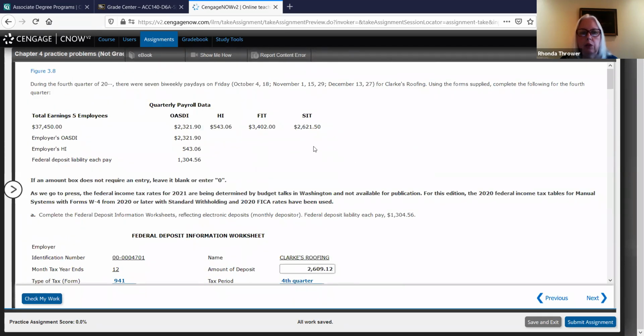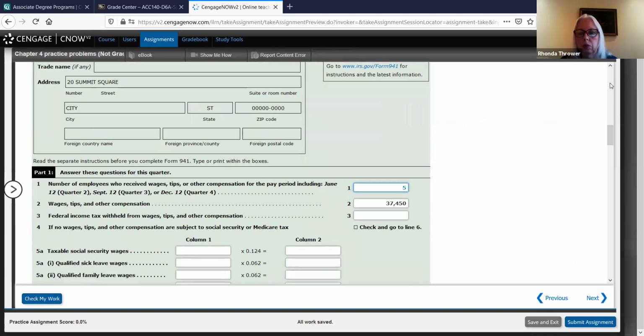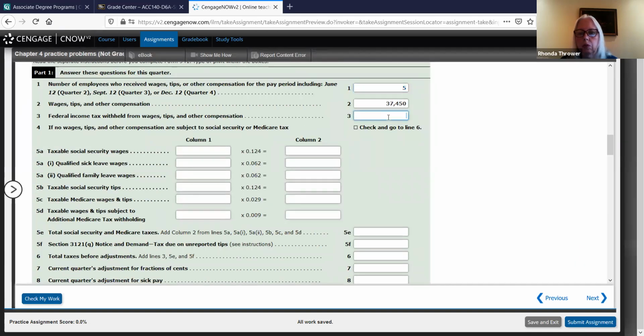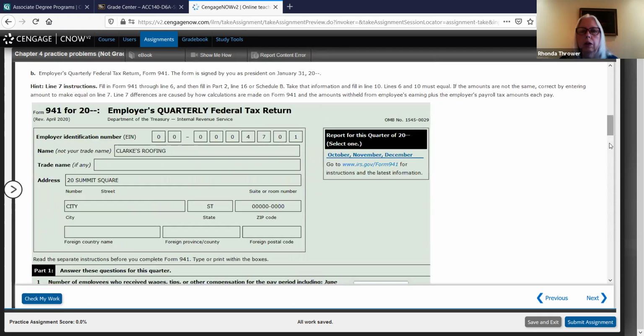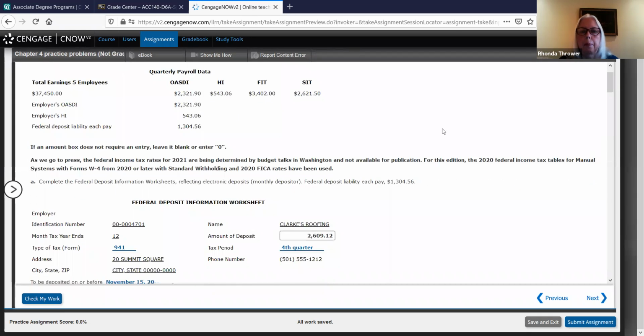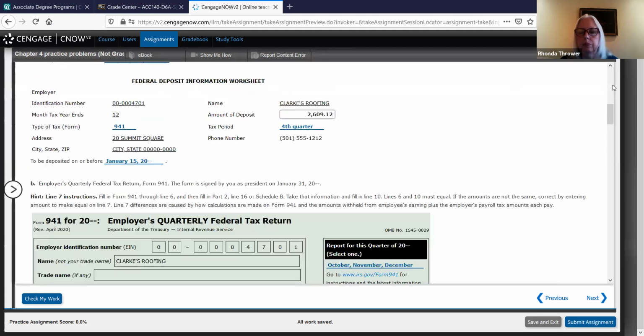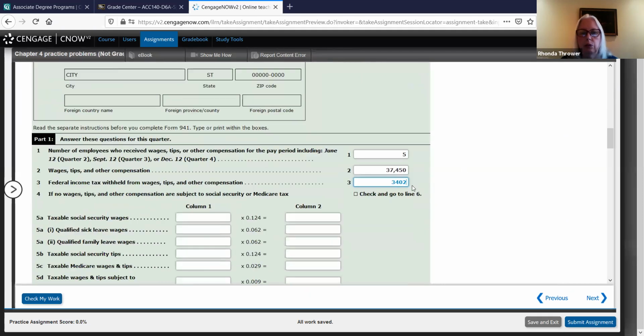The federal income tax that was withheld for that period was $3,402. Again, this was given to you. This was the FIT, the federal income tax, $3,402, and that goes in line 3.